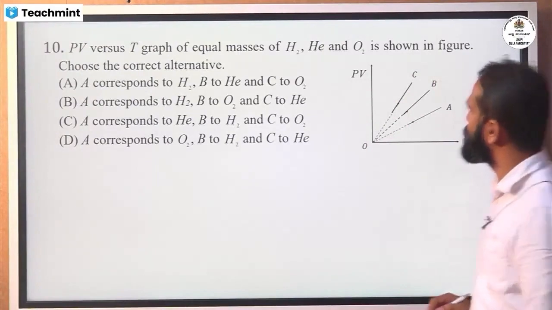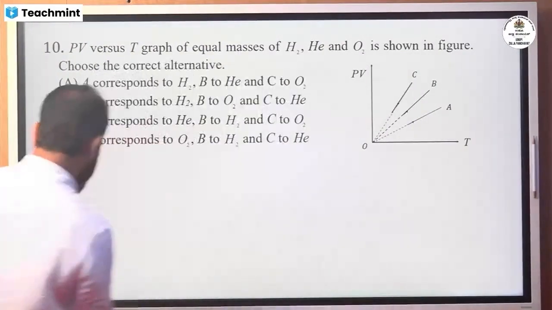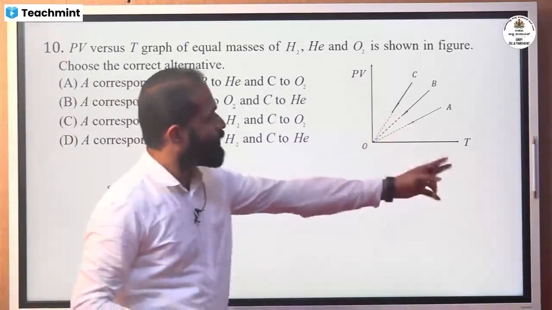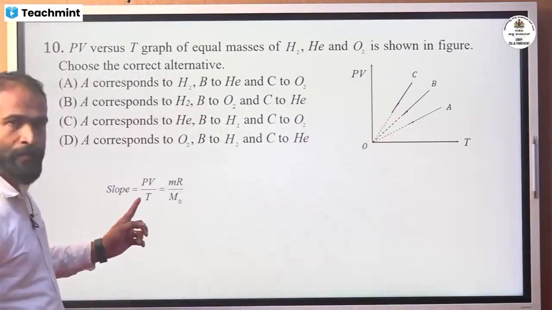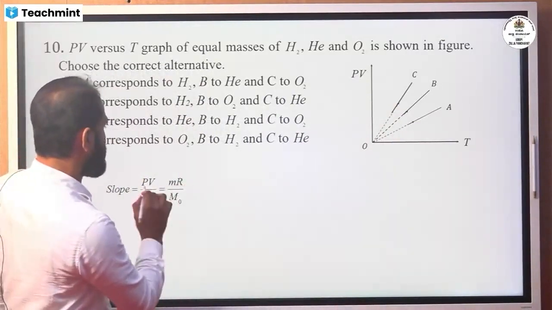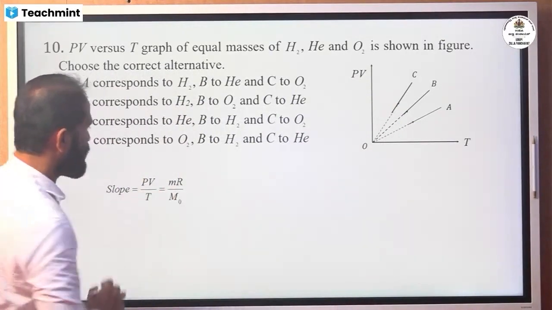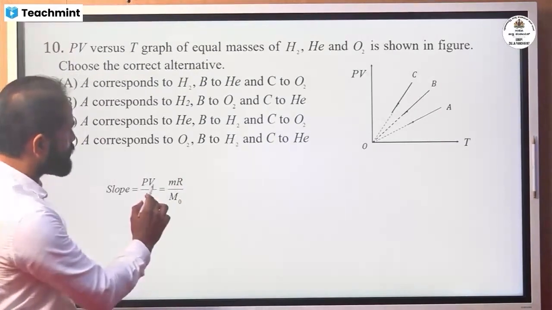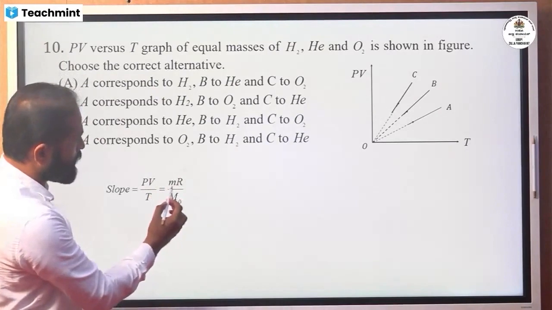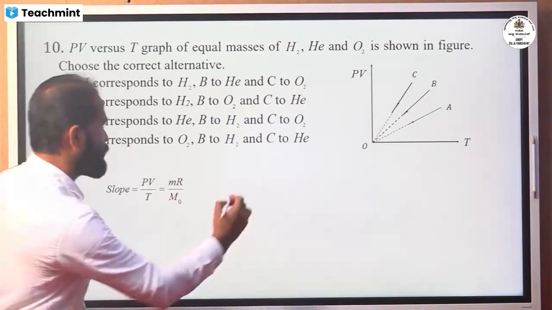So let's find the slope first. Slope is simply the y quantity by the x quantity, that is PV by T. Let me show you the step.